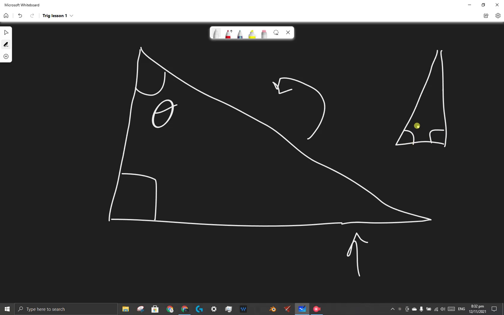This is not to scale, but that's basically what it would look like to make things easy. So we have opposite, we have adjacent, and we have hypotenuse. So H, O and A.